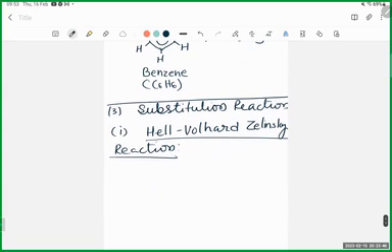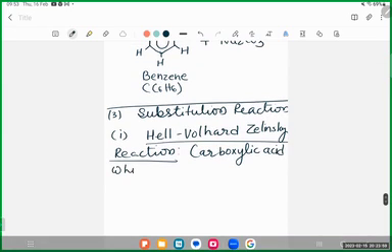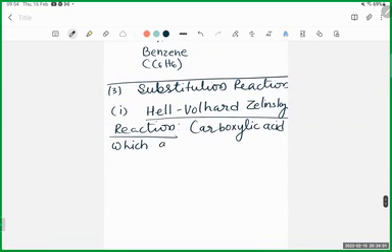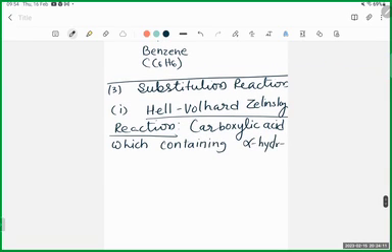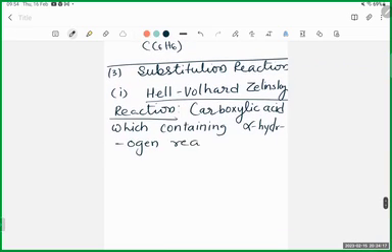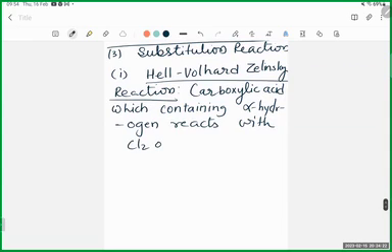So what the Hell-Volhard-Zelinsky reaction says is, a carboxylic acid which contains alpha hydrogen, right? So what is the condition? Carboxylic acid containing alpha hydrogen reacts with chlorine or bromine.